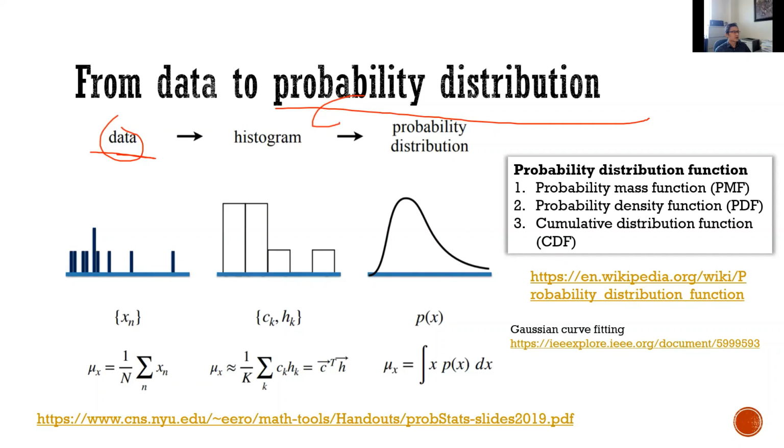So we collect data points and generate a histogram, which is the frequency of a particular range, where the data points fall into this range. That's a histogram. Once we have a histogram, we can rebuild the generative model for the distribution of the probability. That's the purpose of the modeling process. And for the distribution function, we can have different distribution functions.